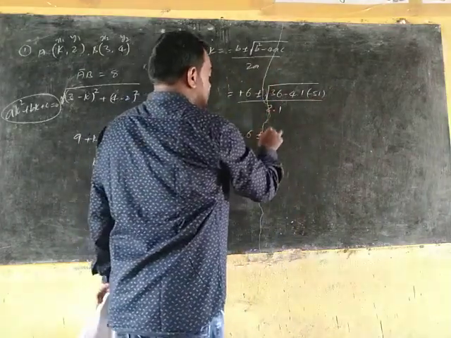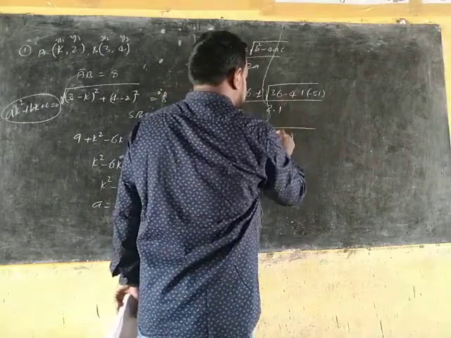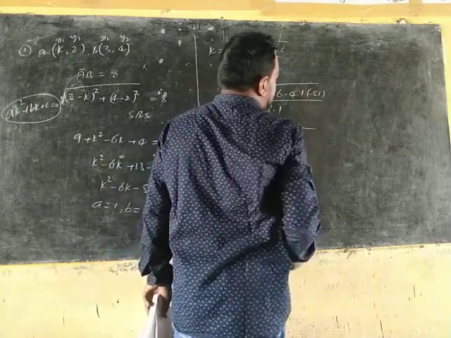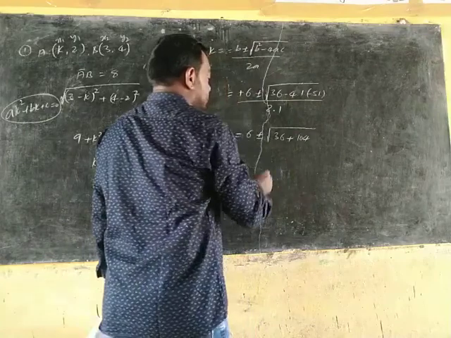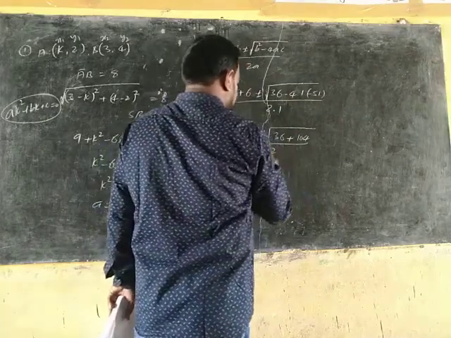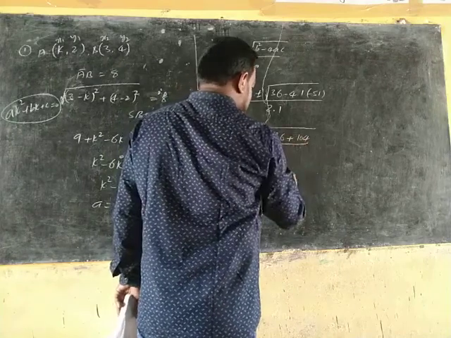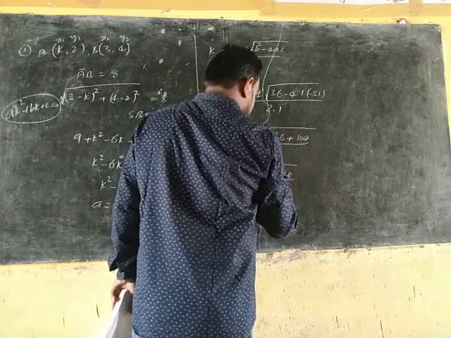This is 6 plus or minus square root of 36 plus 4 into 51, which is 204, by 2, which is equal to 240 by 2.